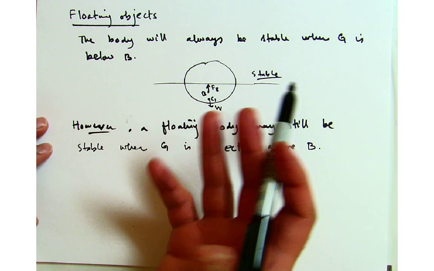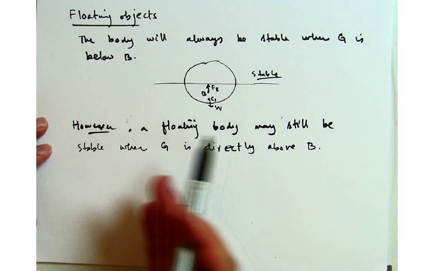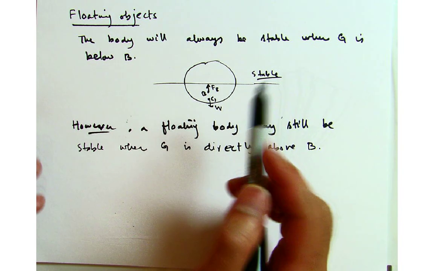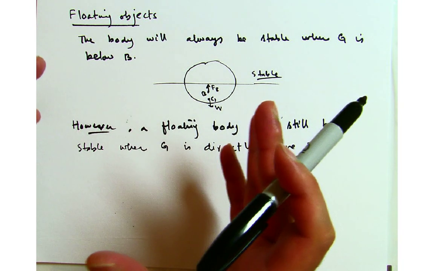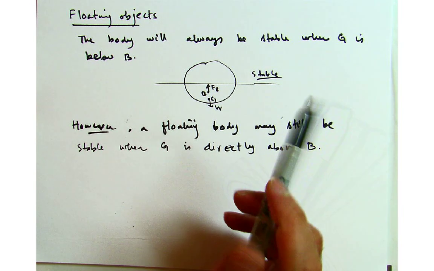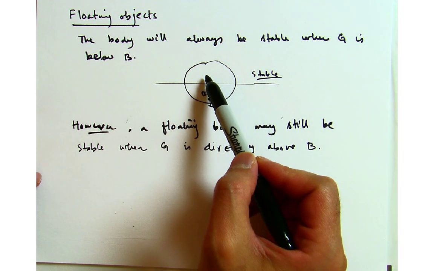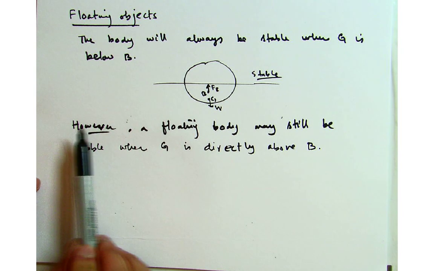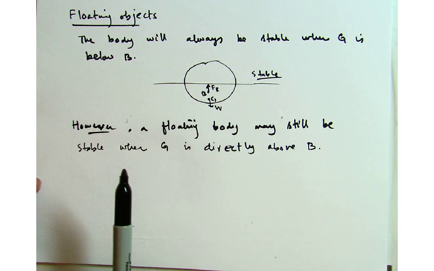That is the case for ships and all that, because you have a much higher mass on the top, and they do displace the fluid, but not as much compared to the total size of the object. So the center of gravity will be somewhere above the center of buoyancy, but they still will be stable under some conditions.